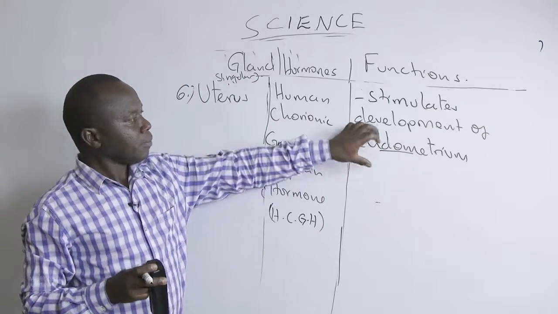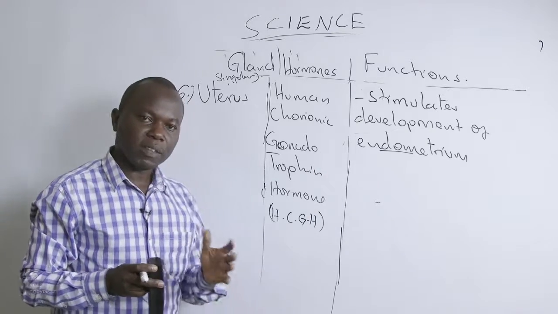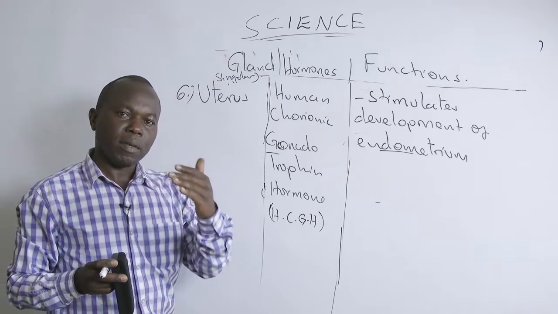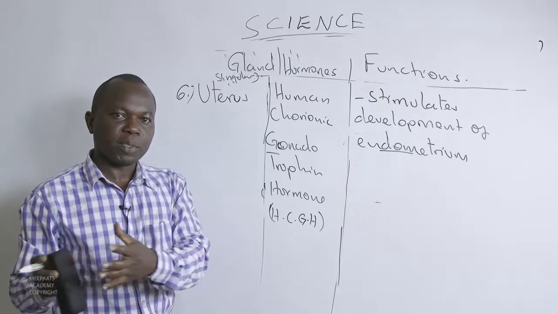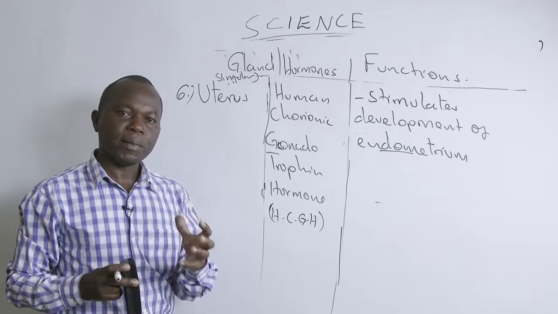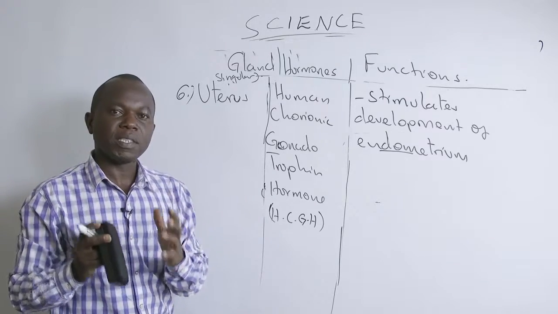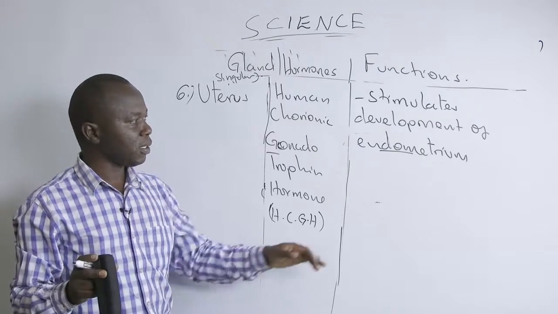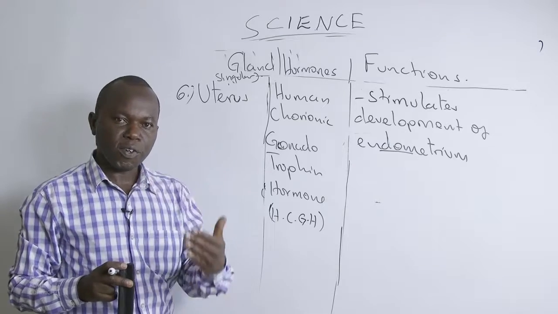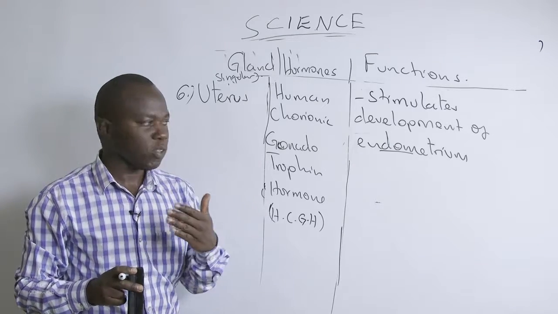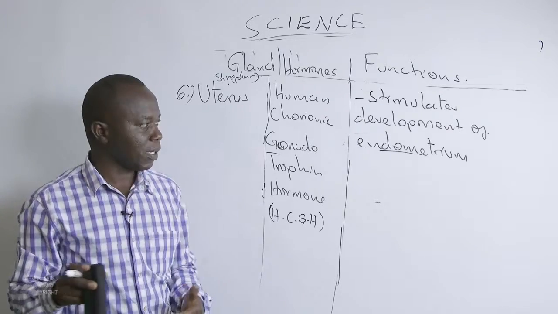Now, usually endometrium is present in the uterus, but immediately after fertilization, there will be a formation of a zygote and development and formation of the embryo, but that embryo has to be implanted in the uterus. The uterus alone, the way it is, without any further development, cannot receive the embryo to allow for formation of the pregnancy or for carrying of the pregnancy up to the 9th month.